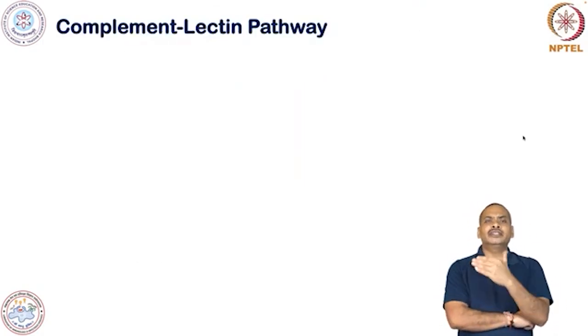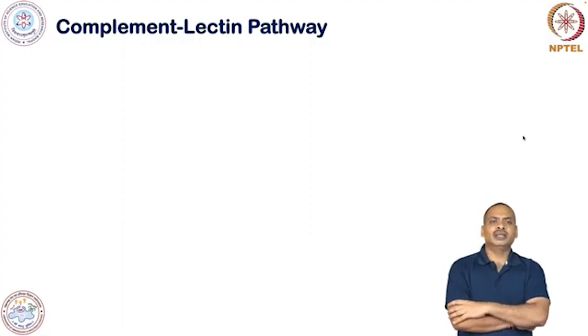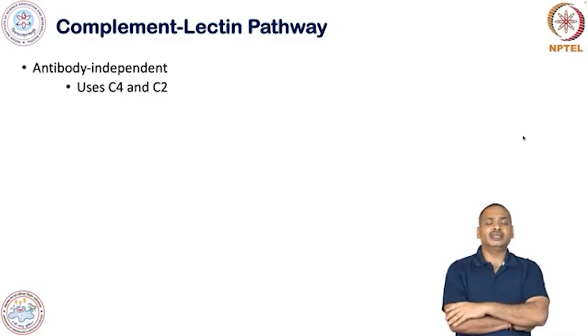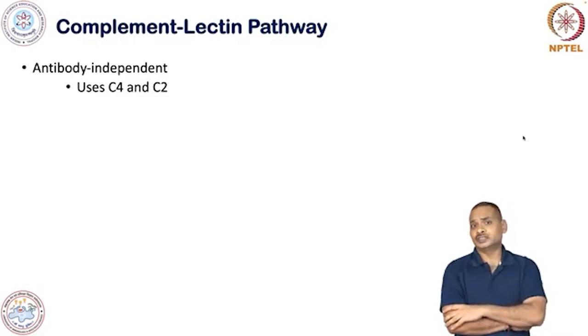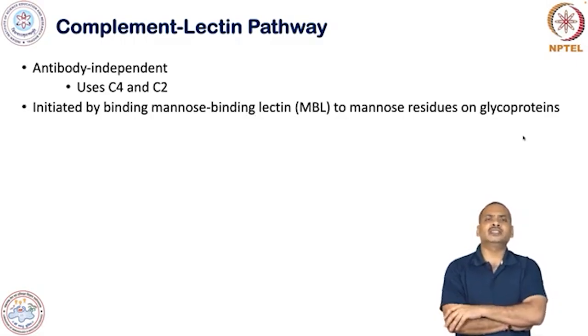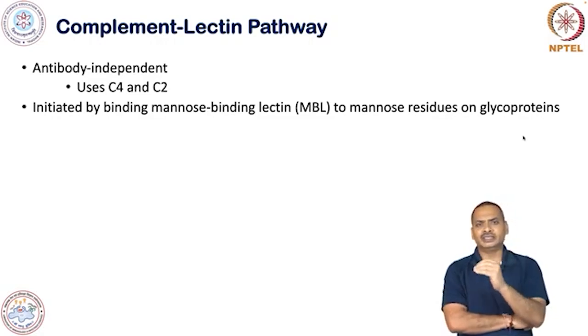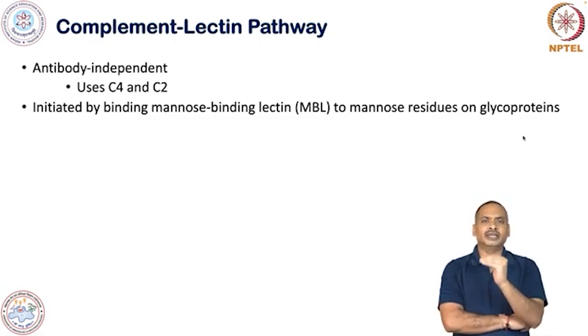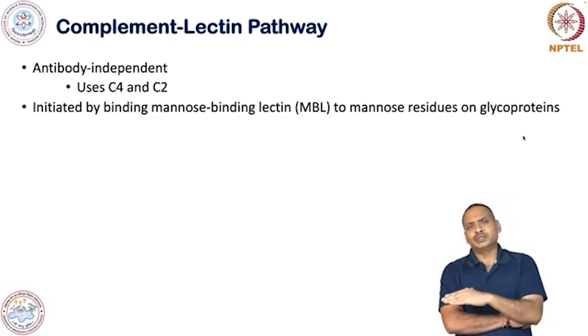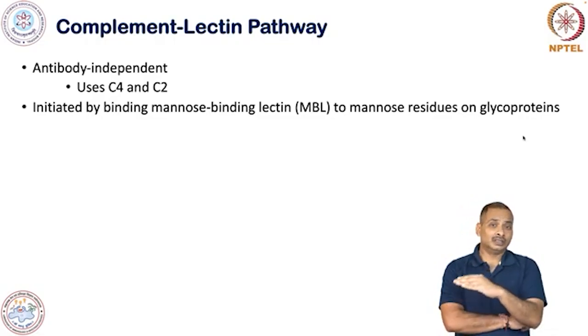Now I will take you to the lectin pathway. This lectin pathway is again antibody independent, and it uses C4 and C2. It is initiated by binding of mannose binding lectin, which we call MBL, to mannose residues present on glycoproteins of microbial pathogens.